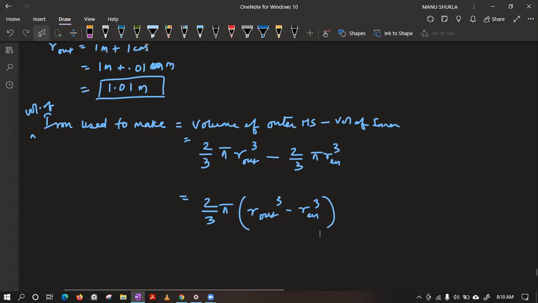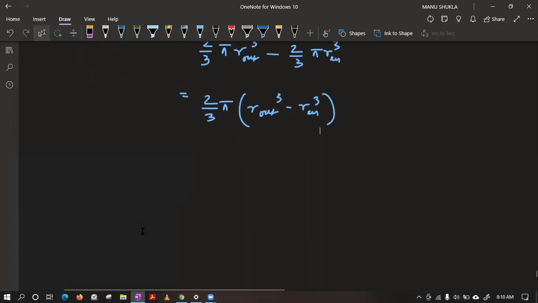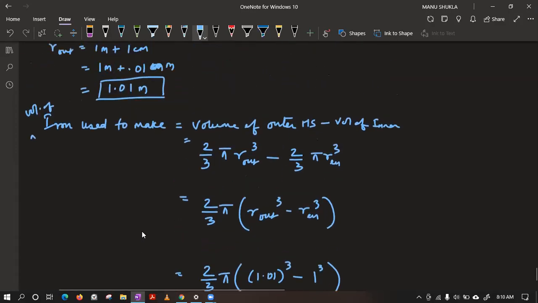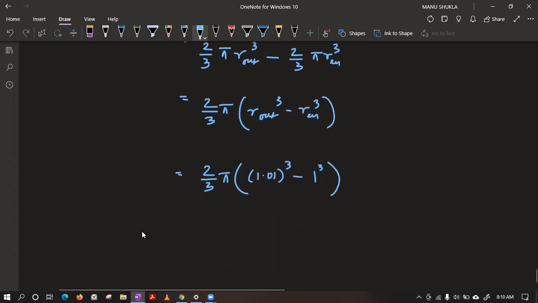Now let's put the values. This is 2 by 3 pi, this is 1.01 cube minus 1 cube. I hope it is correct. Yes.